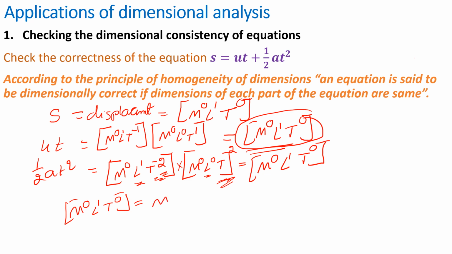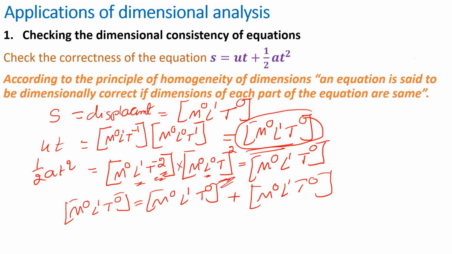That is m to the power 0, L to the power 1, t to the power 0, plus half a t square. What is the dimension of half a t square? M to the power 0, L to the power 1, t to the power 0. This is the dimension, right? Am I right? So I can write it like this.